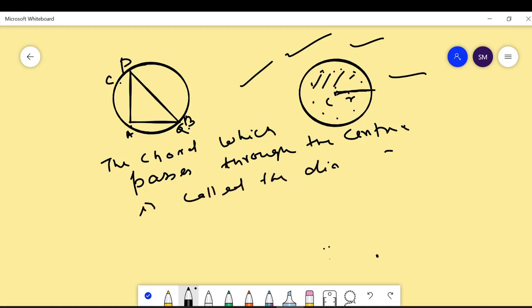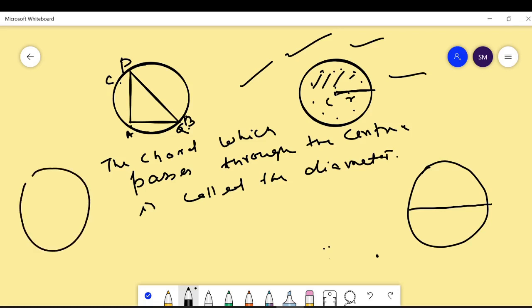The diameter is the longest chord of the circle. This is the diameter. The diameter is the chord which passes through the center, and the diameter is the longest chord of the circle.